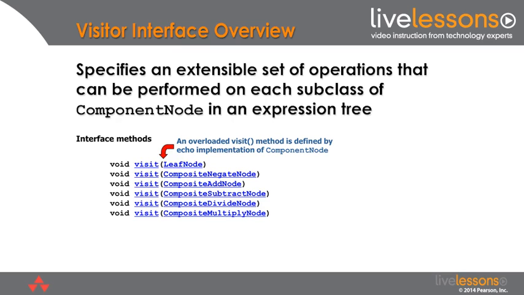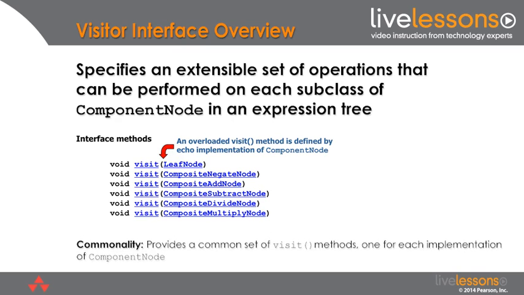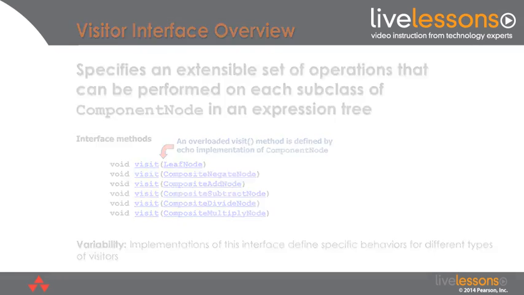So we have a leaf node version of visit, composite negate node version of visit, composite add node version of visit, and so on and so forth for all the various nodes in that composite hierarchy that actually do something interesting. From a commonality and variability point of view, we have a common set of visit methods, one for each implementation of component node. From a variability point of view, we can subclass this interface or implement this interface in order to define different behaviors for these different types of visitors.